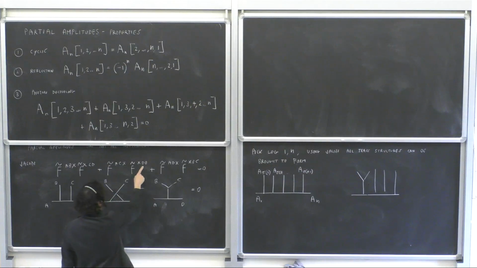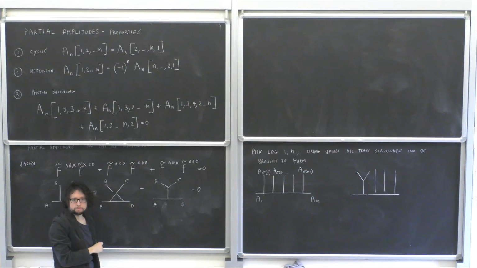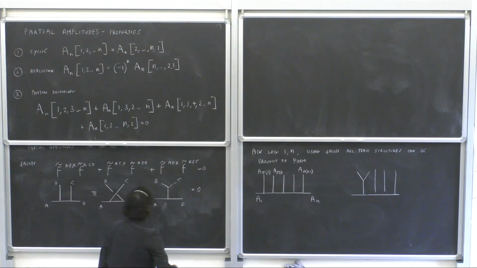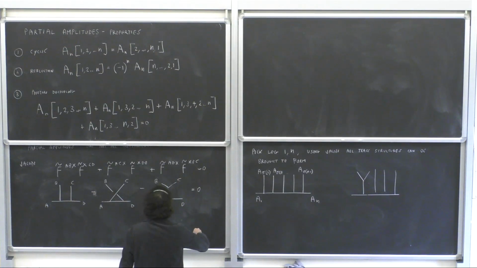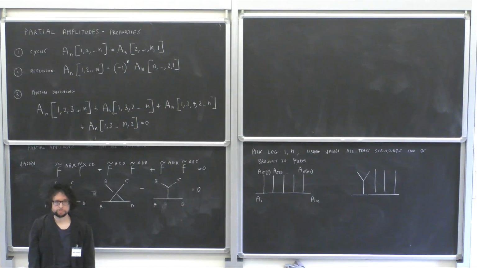Here I see D B, so I need to flip the sign. So it's just taking care. Same thing here: you have A D X, this would be D A X, so there is a change of sign. And then there would be X B C, this is the same, so there is a change of sign here, and this is a minus 1.